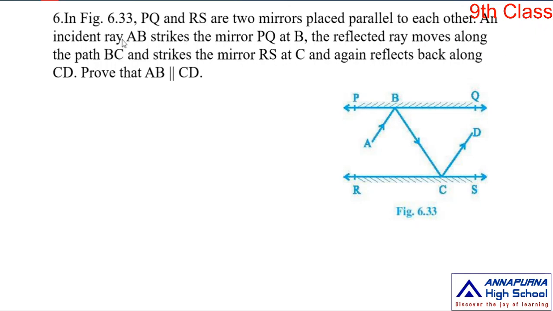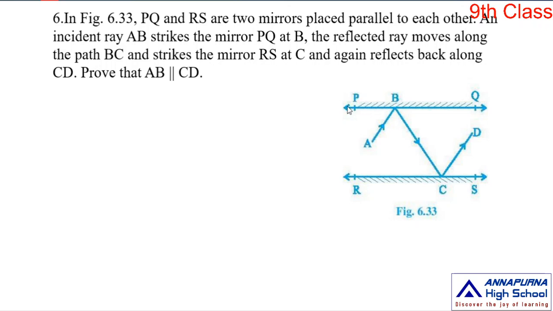An incident ray AB strikes the mirror PQ at a point B. The reflected ray moves along the path BC and strikes the mirror RS at a point C and again reflects back along the CD. We have to prove that AB is parallel to CD. See the figure.